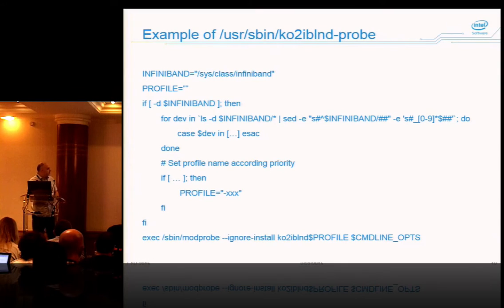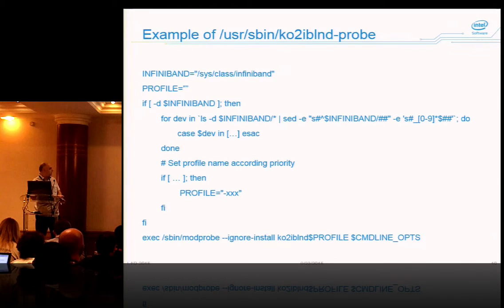On this slide I present the example of this script file, the default. It's very close to the default version, which we already have in Lustre. You can easily modify it to your own needs and provide the conditions you like.